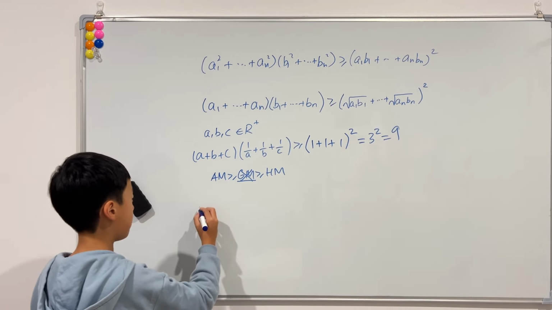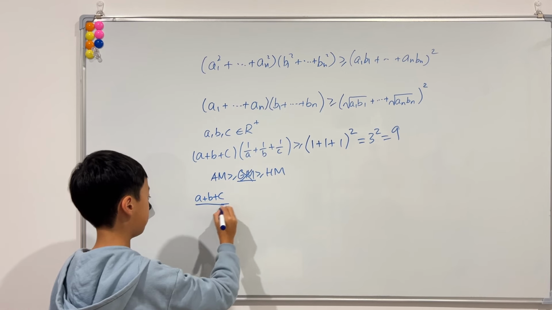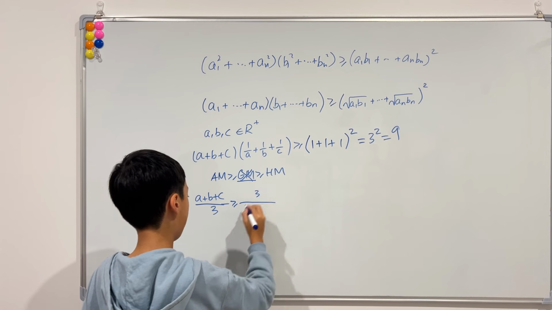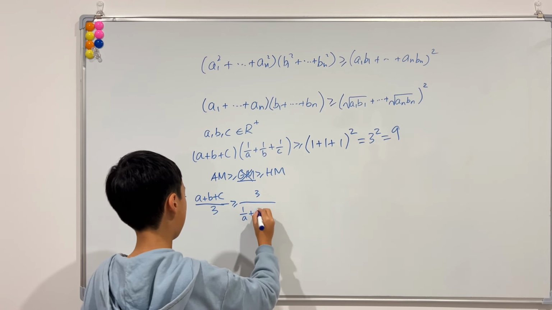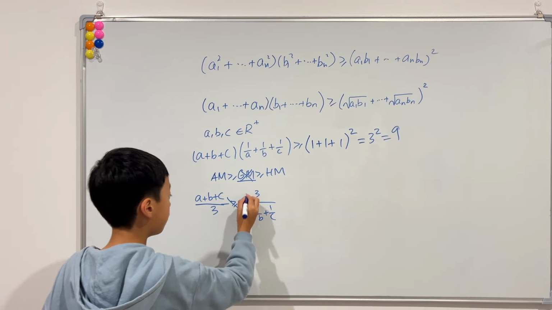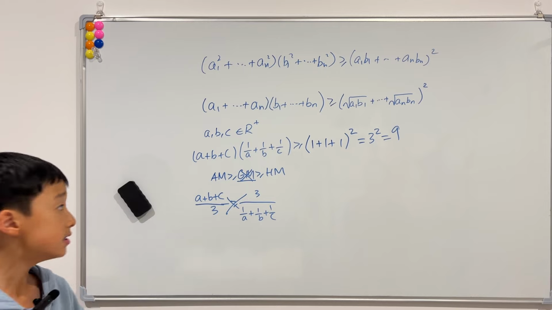So AM is A plus B plus C over 3, and HM is 3 over 1 over A plus 1 over B plus 1 over C. And if we just cross multiply, we will get what we want. So those are 2 methods.